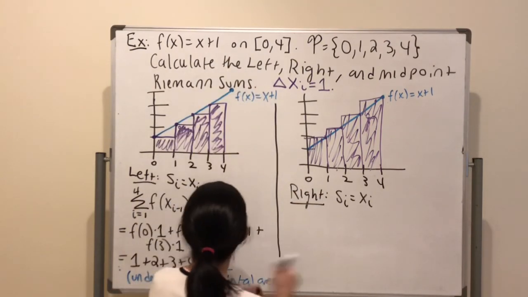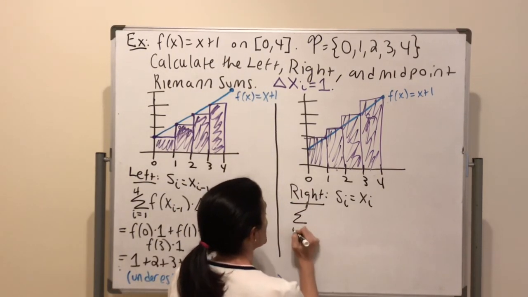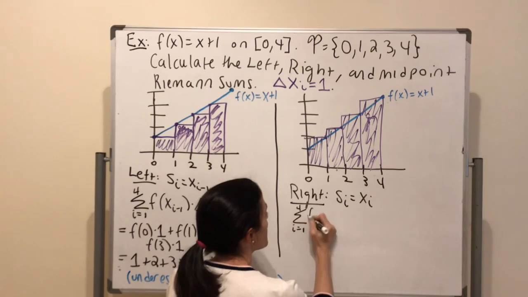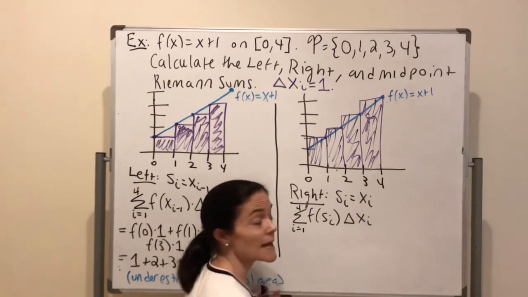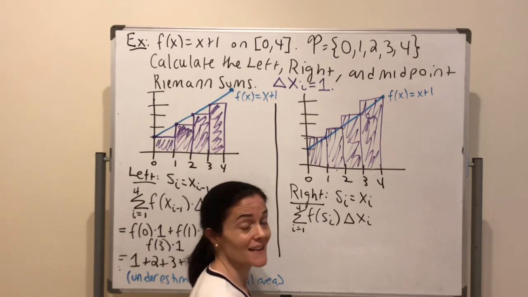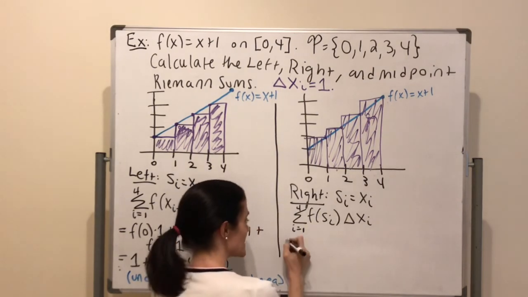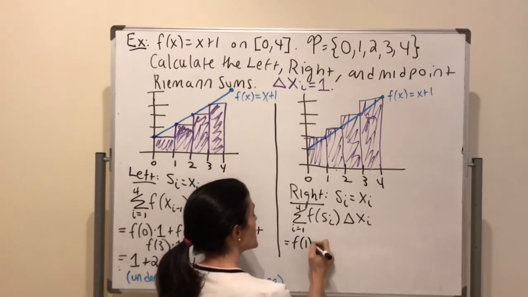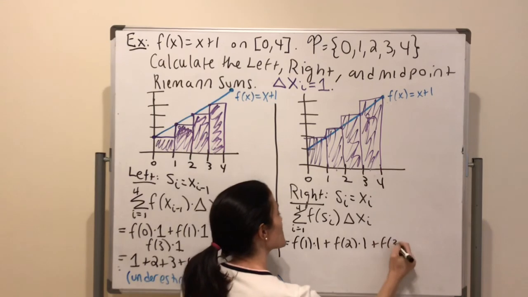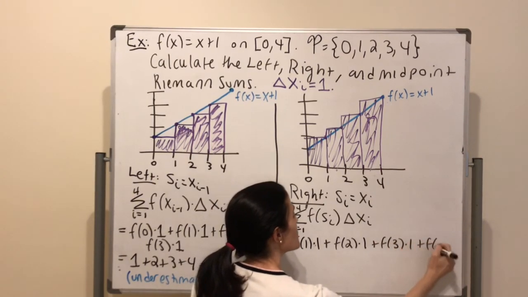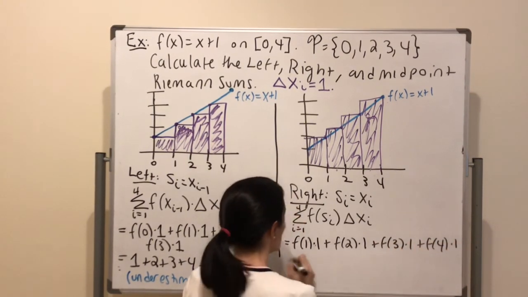But the Riemann sum here is the sum from i equals 1 to 4 of f of si times delta xi. And again, delta xi is constant. It is 1. It's the same partition. So this is f of 1 times 1 plus f of 2 times 1 plus f of 3 times 1 plus f of 4 times 1.